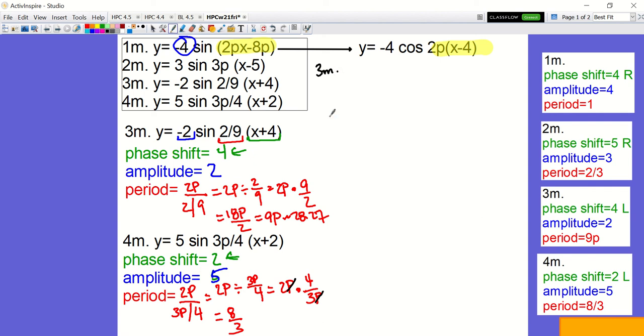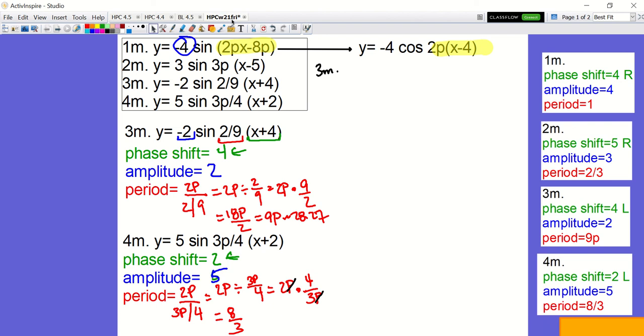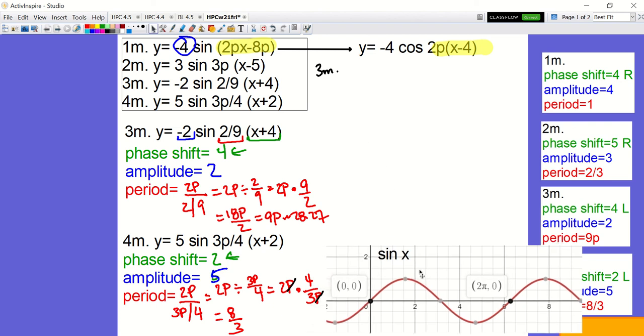Now, if you look at the parent function of sine, it looks like this. Sine of x on Desmos looks like this. I'm going to focus on that. The way you interpret this period is that it takes 2 pi radians for the graph to repeat itself, and the height is going to be 1.